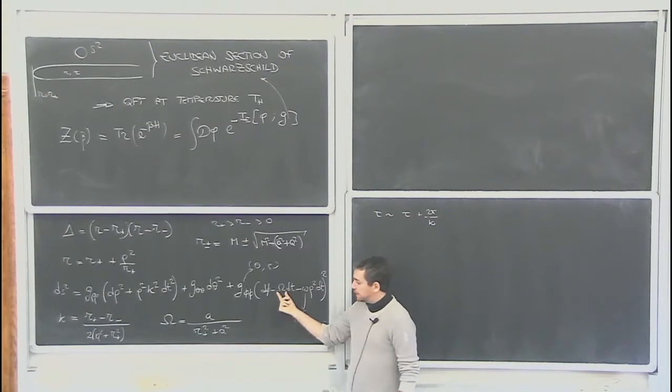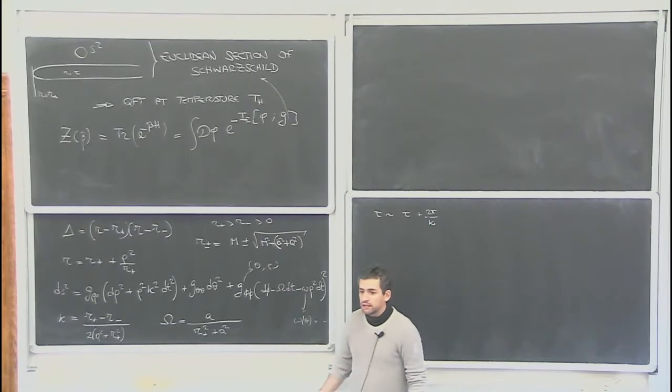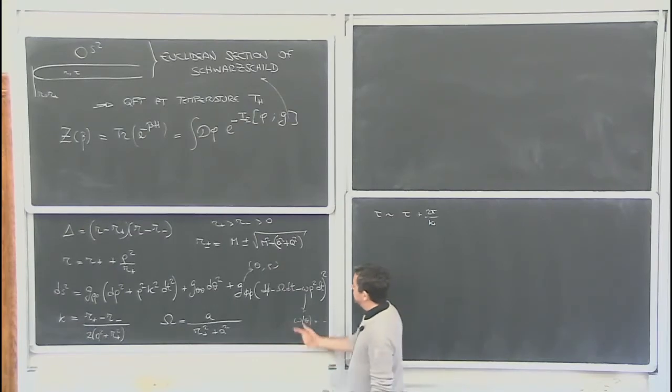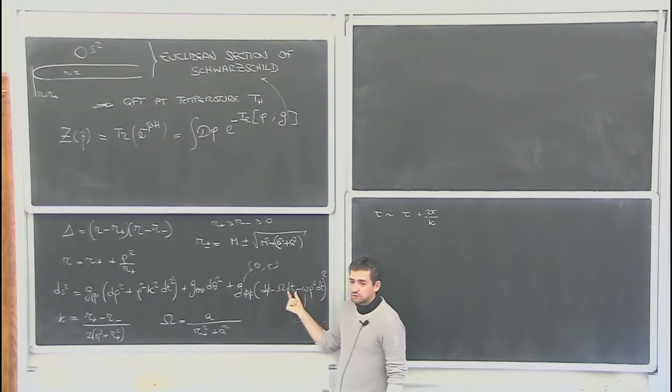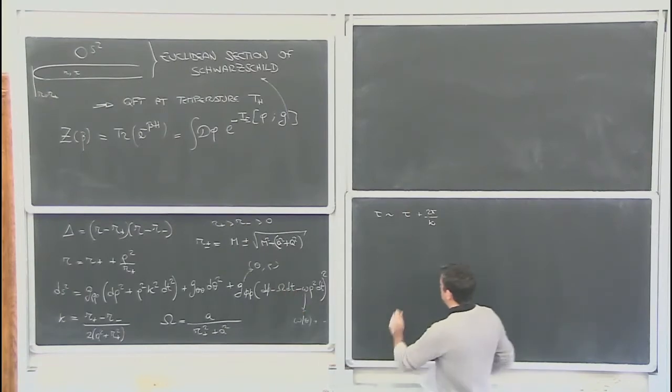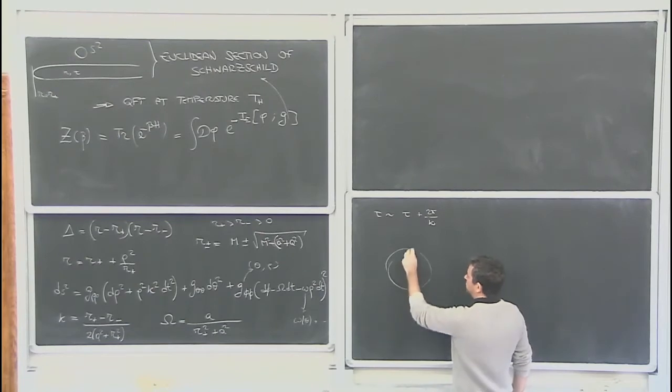Ω is a constant. And this is not well defined at ρ equals 0. So it would not be a regular configuration, a regular solution. Why is it not well defined? dt, that becomes dτ, is not well defined at the origin of space. We are in polar coordinates.